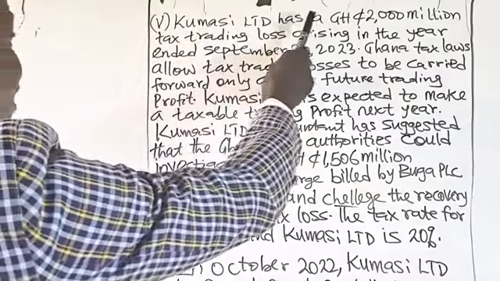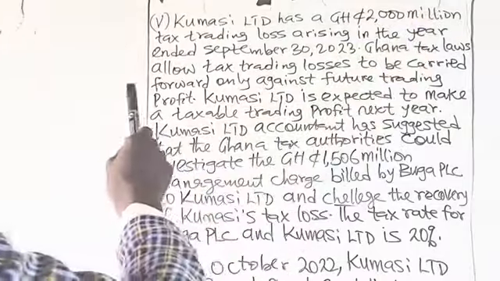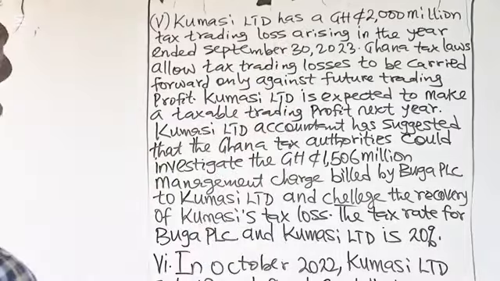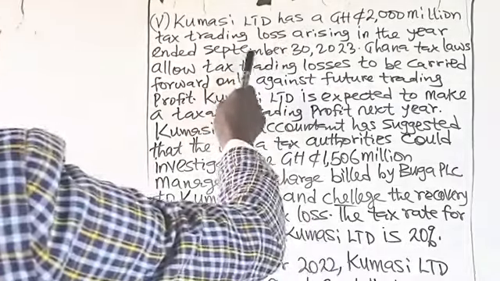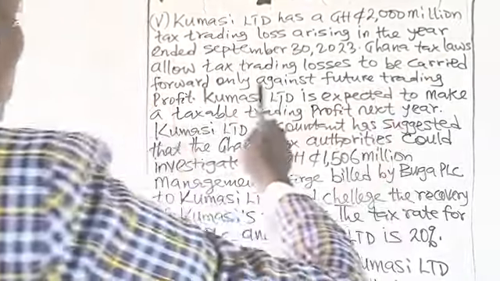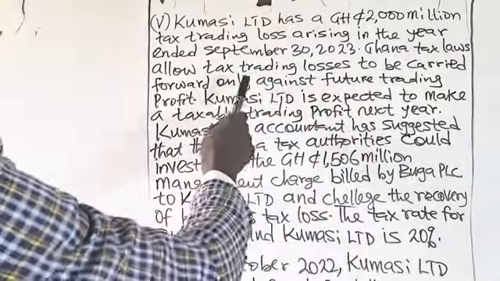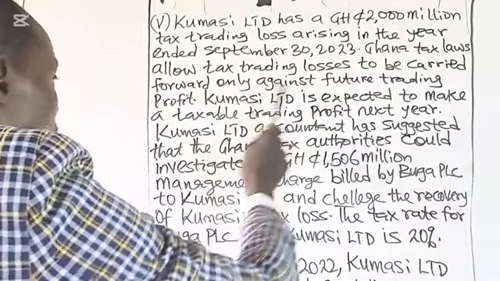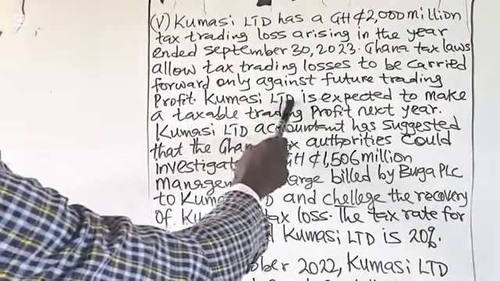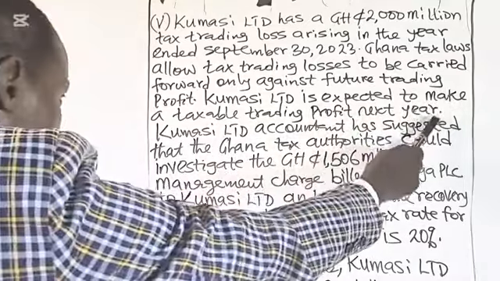Note 5. Kumasi Limited has a 2 billion Ghana cedis tax trading loss arising in the year ended September 30, 2023. Ghana tax laws allow tax trading losses to be carried forward only against future trading profit. Kumasi Limited is expected to make a taxable trading profit next year.